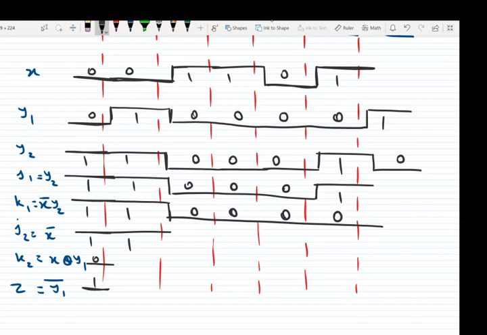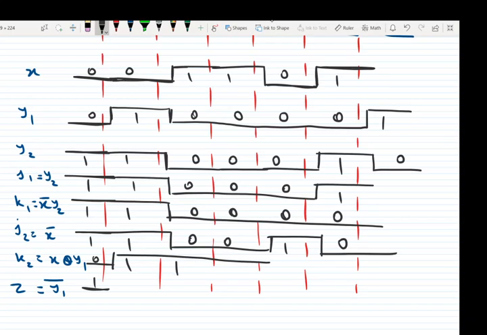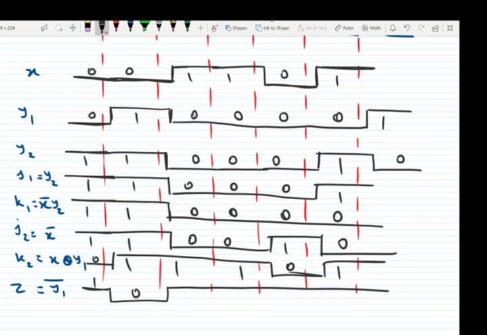So Y 0, 0, 0, 1, 0. K2 is 1, 1, 1, 0, 1, 0, 1, and 1, 1, 1, 1.